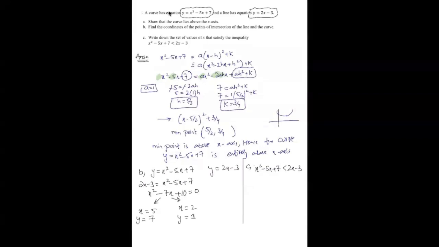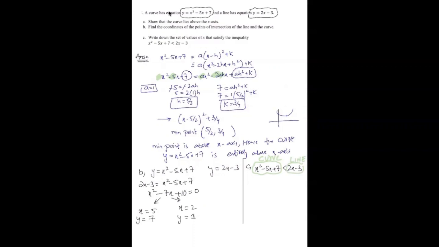Guys, x squared minus 5x plus 7, would you agree that it's the equation of the curve in the question? And 2x minus 3 is the equation of the line. So you want to find those values of x for which the curve is less than the line.